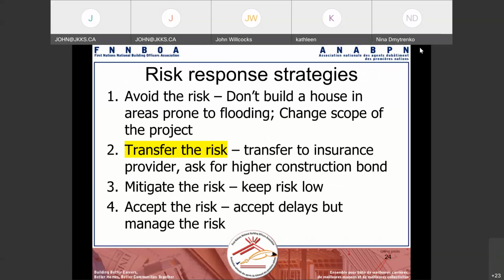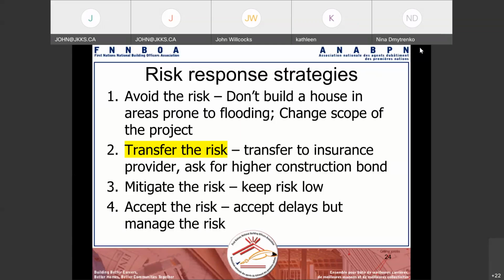So one response would be, well, avoid the risk. Don't build the house in the area where it's prone to flooding. Change the scope of the project. Delay the project. Change the project if you had to. So a lot of people, when they're trying to move forward and they see, oh, we're going to have a risk on this construction project, well, think about, can you avoid those risks?